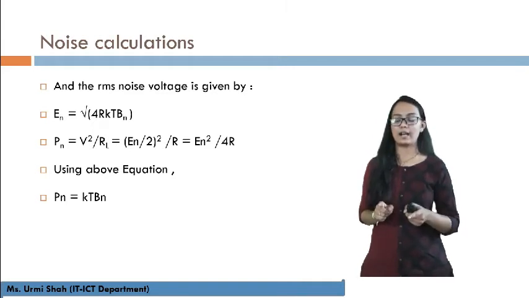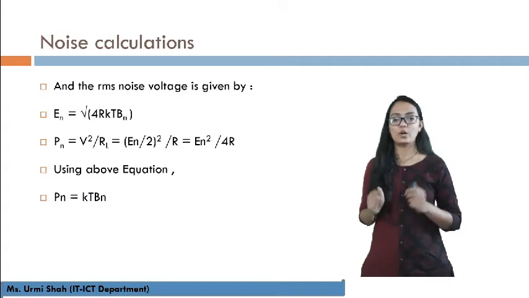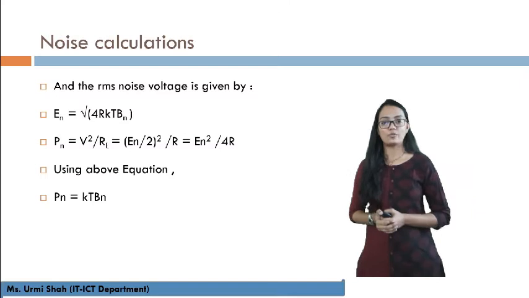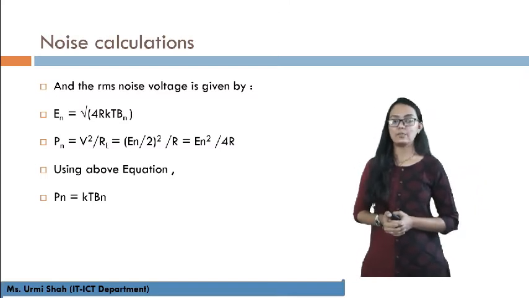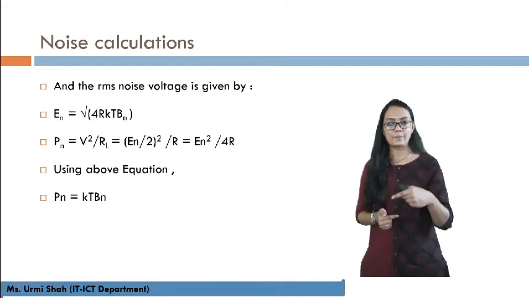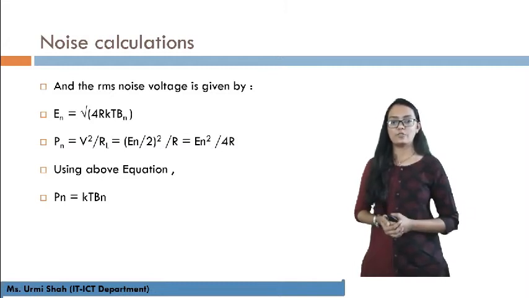Instead of I, if you want to use voltage, we can use the Ohm's law formulation, V is equal to IR, so I can be written as V upon R. So the whole formulation of power is P is equal to V square by R. Instead of V we can use the value of noise voltage.